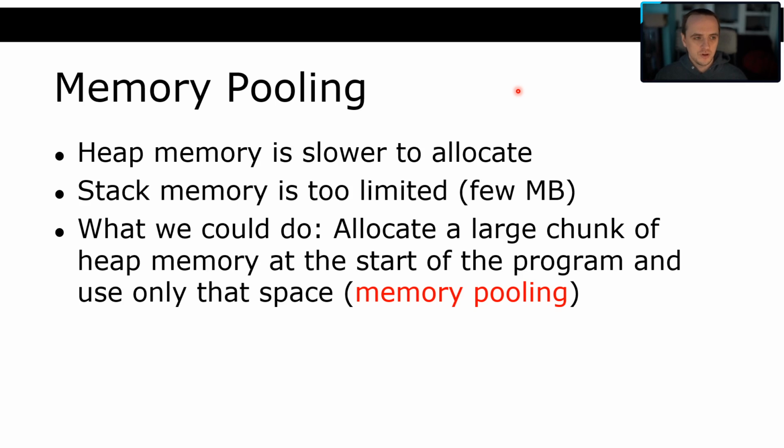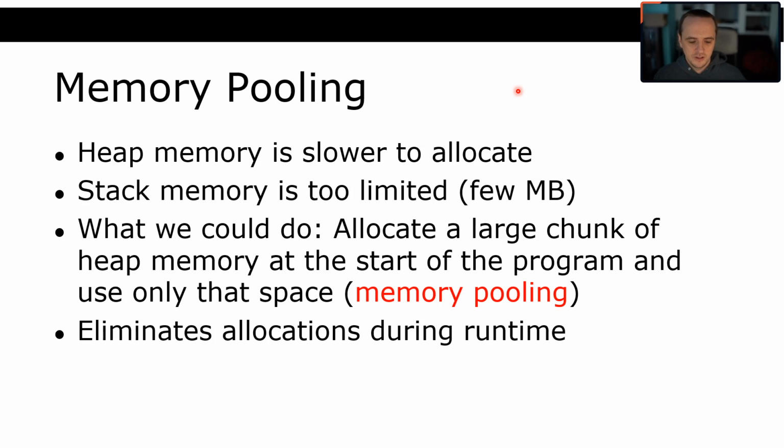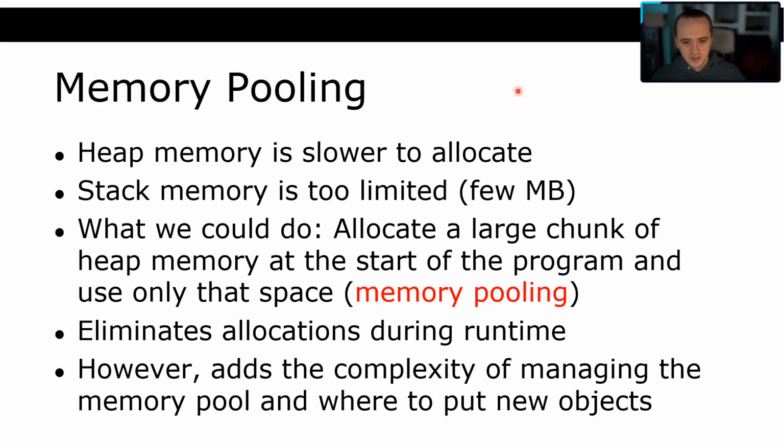So what we're going to do is, at the start of the program, allocate a big chunk of memory, and then operate within that memory for the lifetime of the program. And this is going to eliminate the need for allocations during runtime. However, this is going to add the complexity of managing the memory pool and managing where we put the objects.